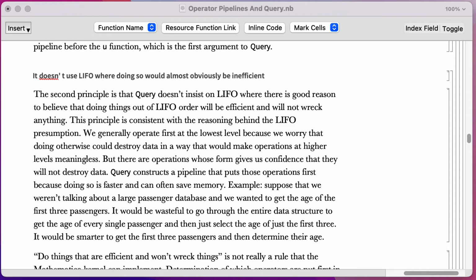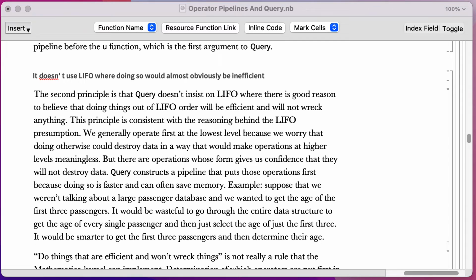Wolfram language is maybe just like law. There are always exceptions, and an exception to the LIFO principle is where it really doesn't make sense to order the operations in a LIFO way. Suppose, for example, we had some huge passenger database and we want to get the age of the first 3 passengers.